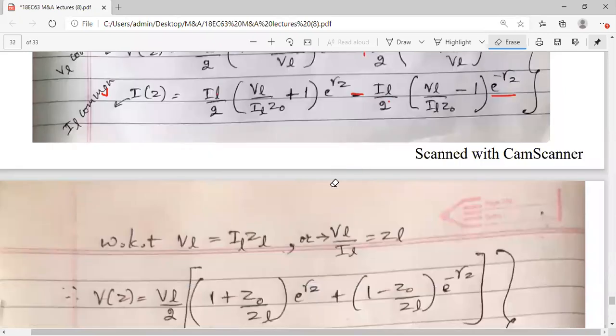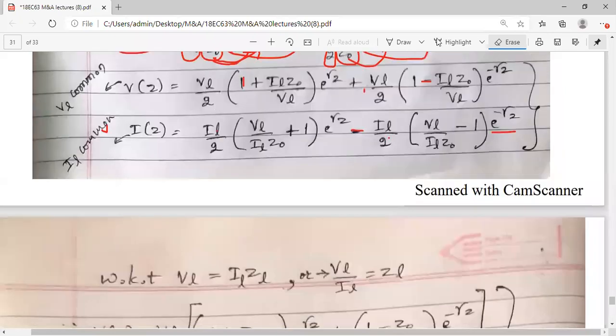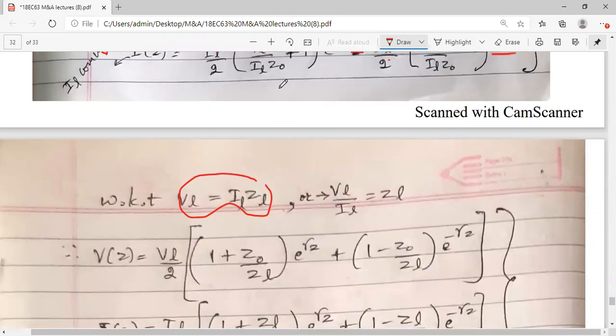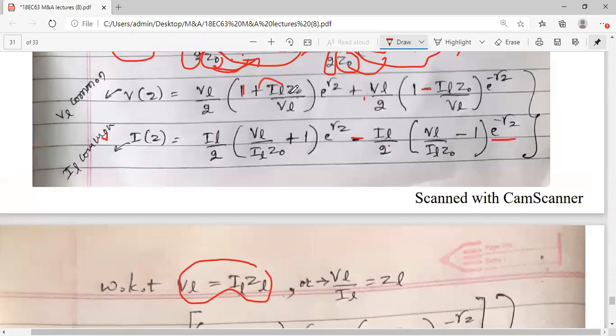Okay. What I can do further here is, we know that V equal to I into Z, V equal to IR. From that concept, we can do some rearrangements here. In the first equation, you have this IL by VL. What is IL by VL? 1 by ZL. Okay. Reciprocal, 1 by ZL. I can substitute that.